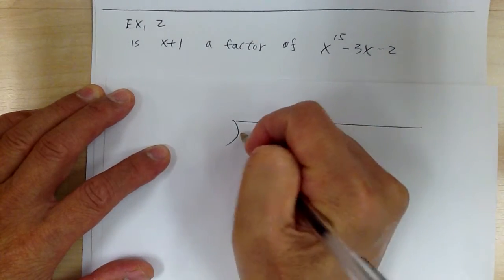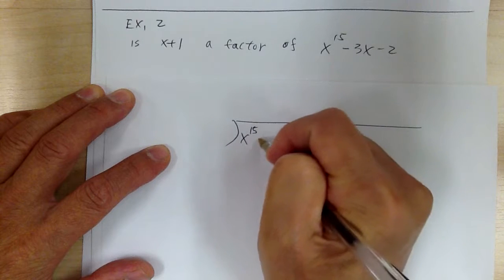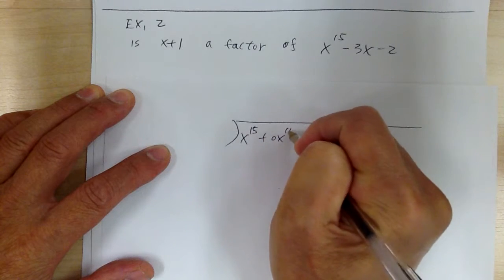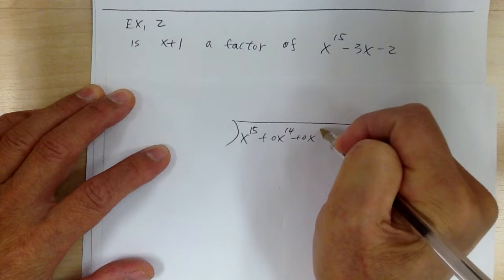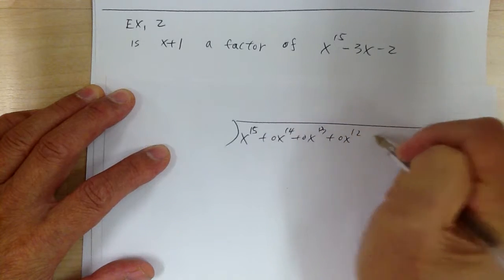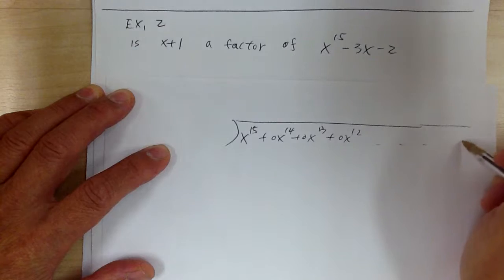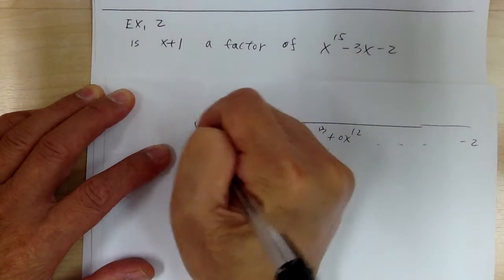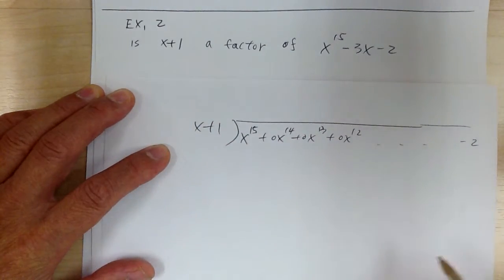You have to go x to the 15, then plus 0x to the 14, plus 0x to the 13, plus 0x to the 12. You have to go all the way down, and then minus 2, and then you have to divide.